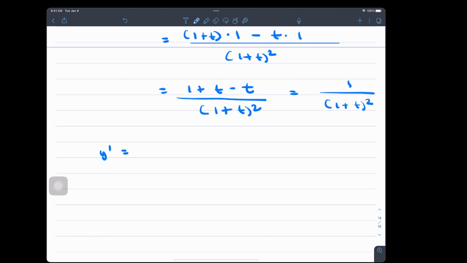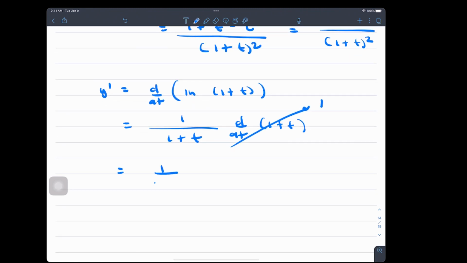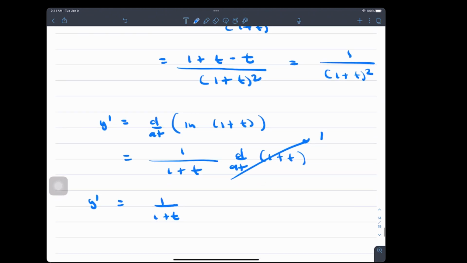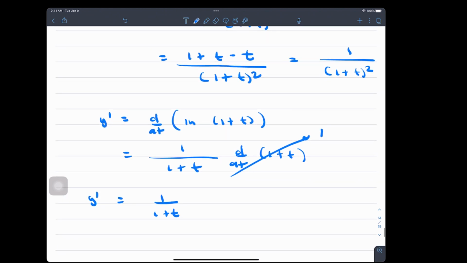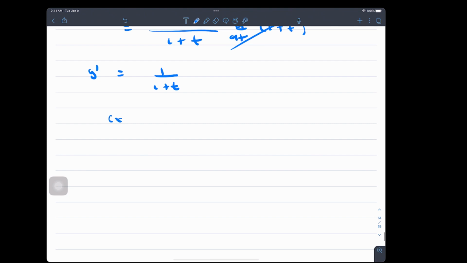Now, y prime, you differentiate the y, which is natural log 1 plus t. Remember that's 1 over 1 plus t by chain rule, times the derivative of 1 plus t, and that's 1. So you end up with y prime being 1 over 1 plus t. So there's your y prime and your x prime. So you might say, do I need x prime squared plus that y prime squared?